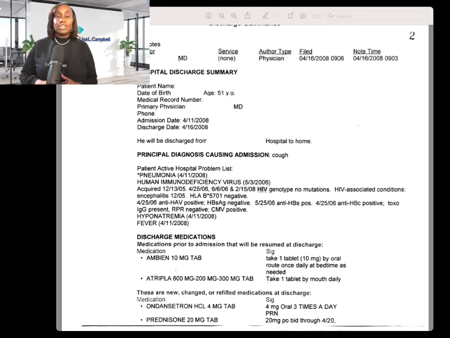Now, one of the things that I want you to know is that some say it takes 3 to 5 years to really get a flow going as it relates to coding inpatient records.